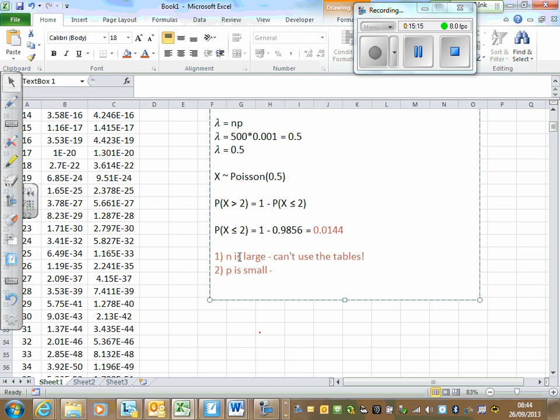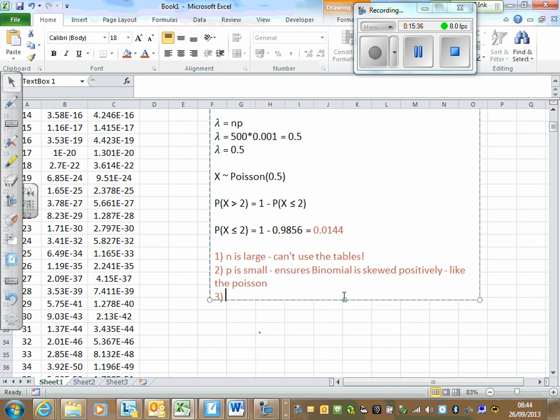If p isn't small, what we end up with is a symmetrical distribution. The binomial will be more symmetrical. p being small ensures that the binomial is skewed positively, like the Poisson.